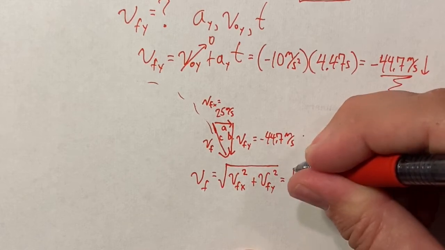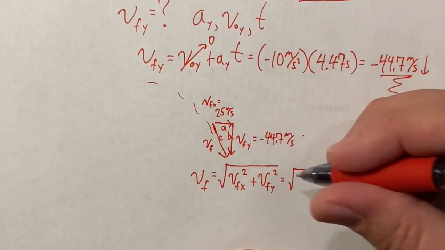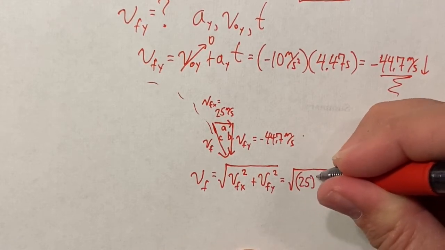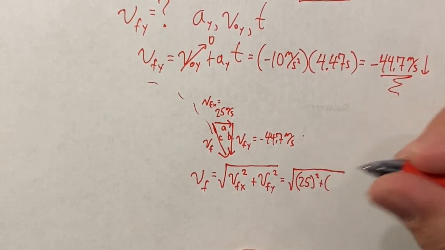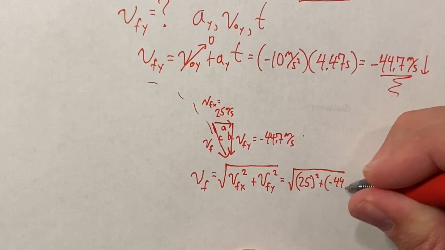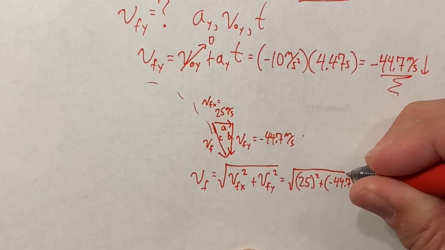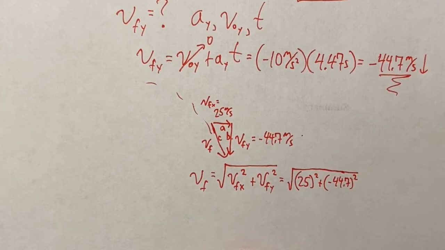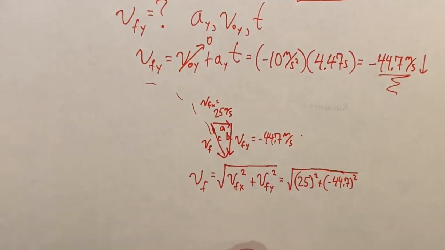So we'll take our 25 meters per second squared, and that negative part, when I said it didn't really matter, that's because when I square it here, that goes away. Otherwise, we end up with a negative under a square root, and we don't do any imaginary numbers.